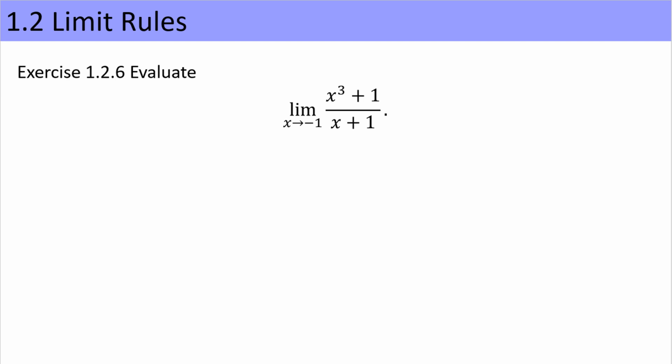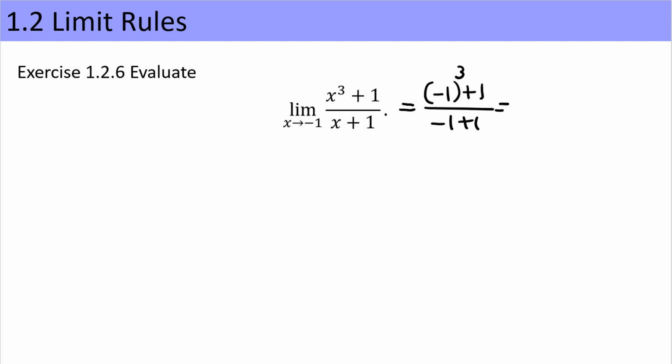Exercise 1.2.6. Evaluate the limit as x approaches negative 1 of x cubed plus 1 divided by the quantity x plus 1. It's a polynomial over a polynomial, so let's just plug it in. This would be negative 1, that's what x is approaching, cubed plus 1 divided by negative 1 plus 1.